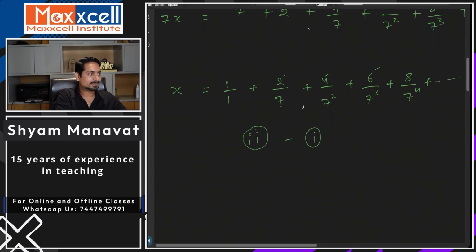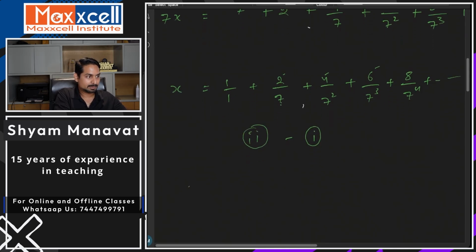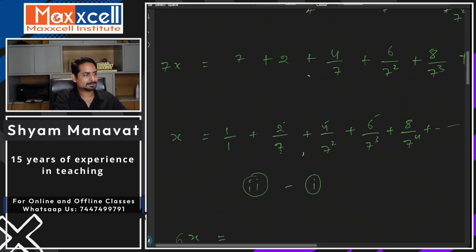Okay, so 7x minus x will get you what? 8x, no, 6x, my bad, 6x equal to, now see the subtraction here. Now look at the subtraction and pay attention to this. These two terms, 7 plus 2, 9, have no denominator.